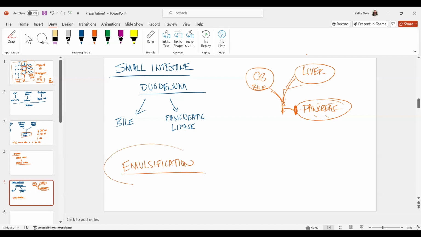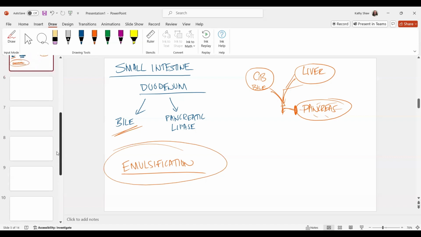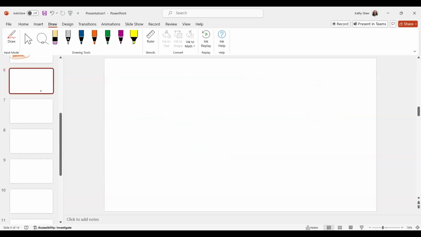So that breaking up process is emulsification. That's the job of the bile and the bile salts. So let's break that down a little bit and talk about how we're going to do that. We're still in the duodenum, and the bile is made up of two things.